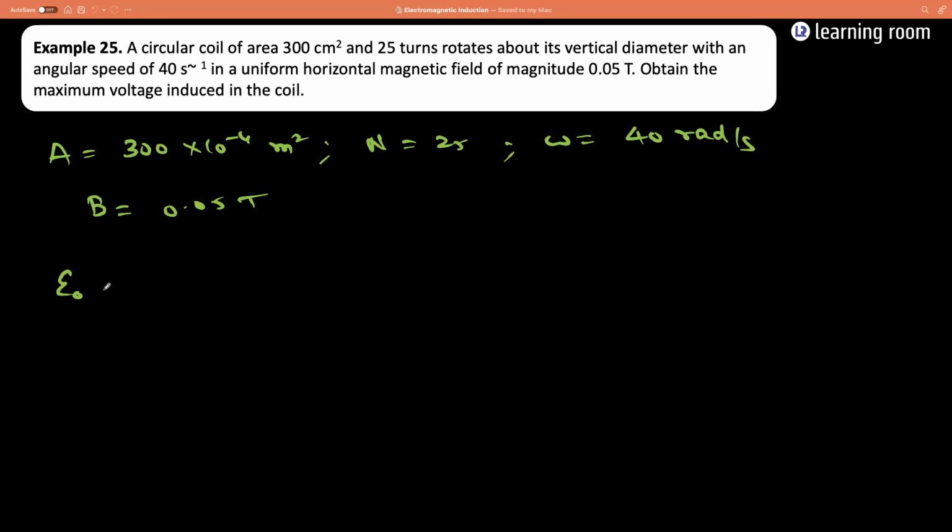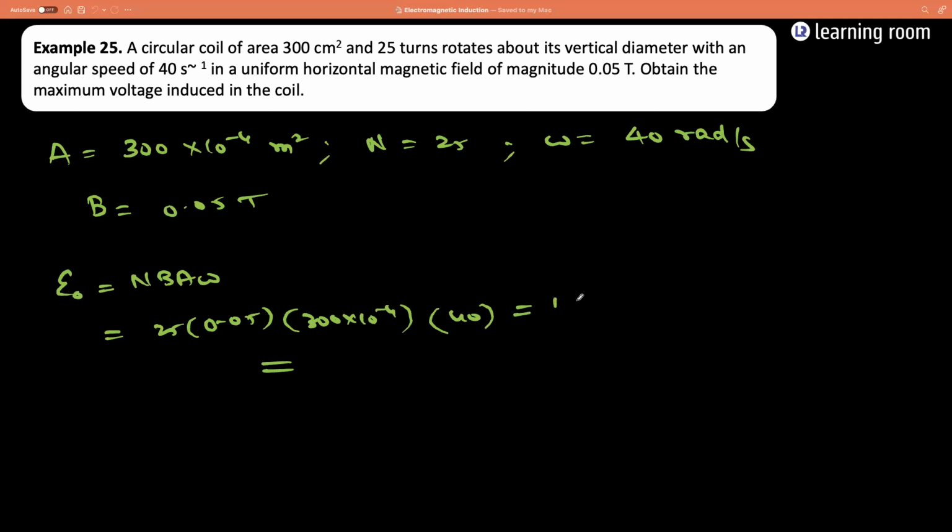So what is the value of E naught? It is NBA omega. So N is 25 into B is 0.05 into A is 300 into 10 power minus 4 into omega is 40. Multiply everything, that will give you the answer. The answer will be 1.5 volt.